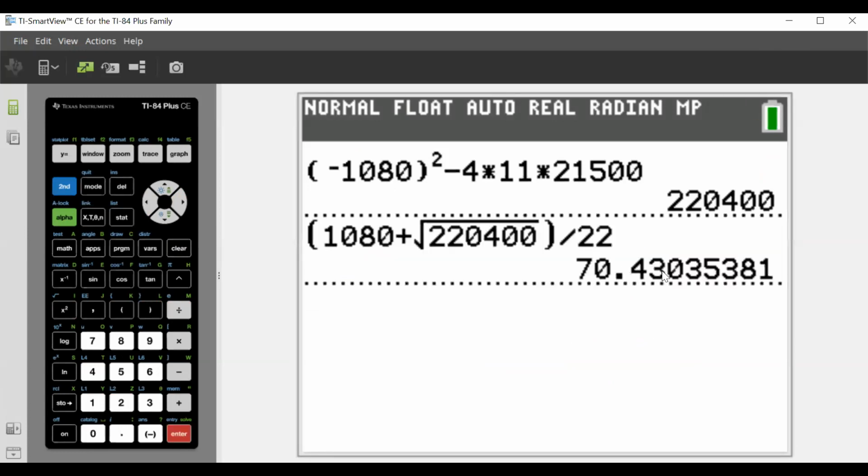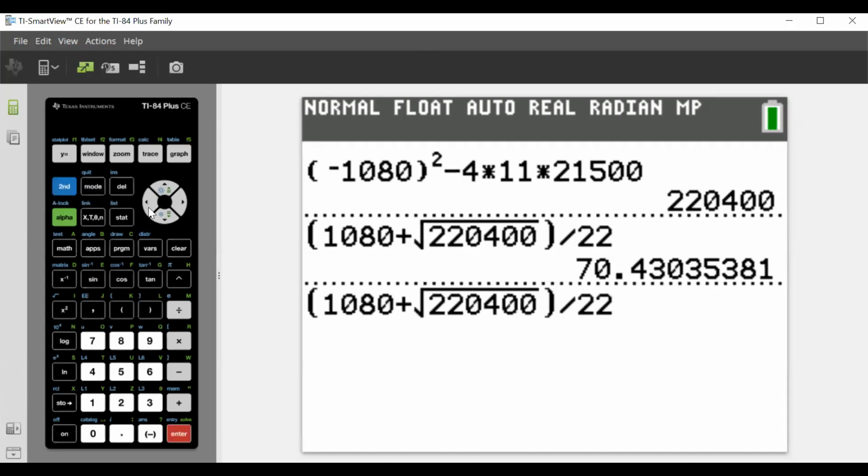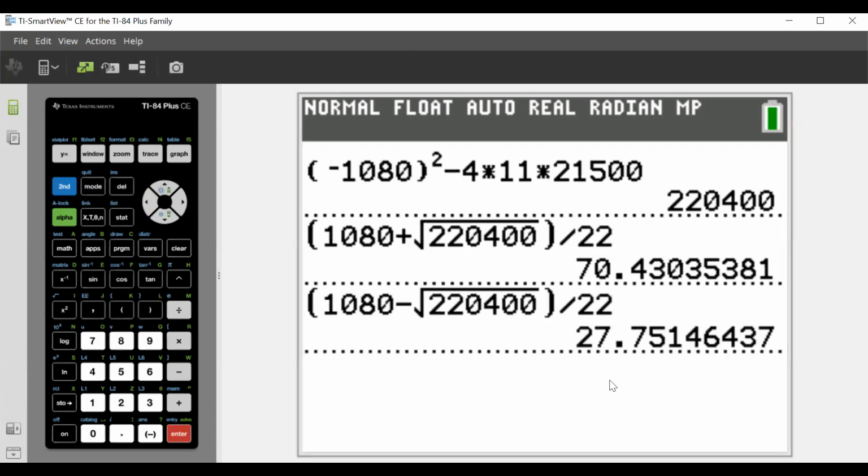That gives 70.43, so that's going to be our upper. And then if we do second enter and do the subtraction, it's 27.75.